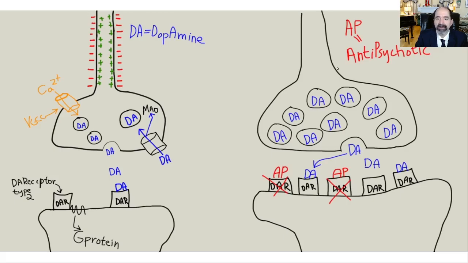Now, if you block the dopamine receptors with an antipsychotic, it's a dopamine blocker, specifically D2 type dopamine receptors, what's going to happen is now the postsynaptic cell will just make more receptors to make itself more sensitive to dopamine. That's also related to some of the side effects we'll see with antipsychotic medications like tardive dyskinesia, which is a very severe side effect. But just remember that the postsynaptic membrane can do things to adjust to what it thinks is the appropriate amount of neurotransmitter.